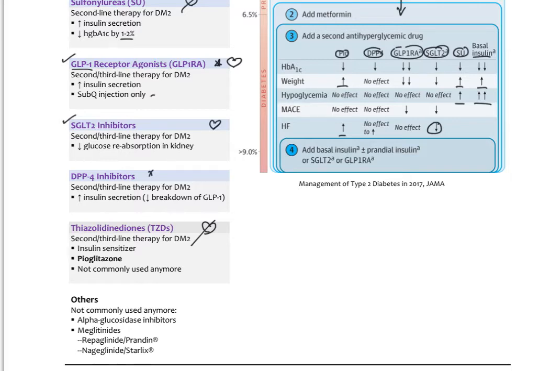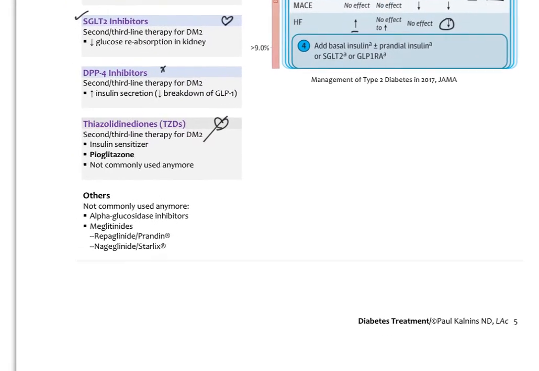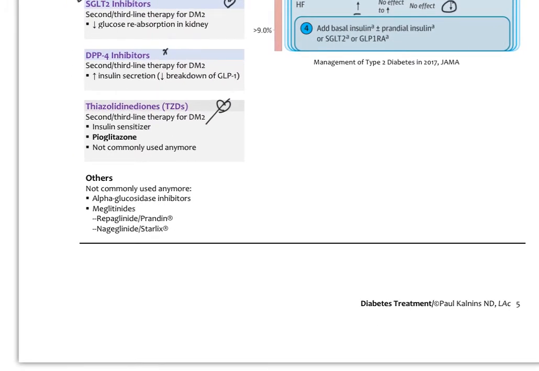There are others that I didn't include here because they're very uncommonly used now. That would be, for example, alpha-glucosidase inhibitors. These are taken with high carbohydrate meals to prevent absorption of carbohydrate. But you've got to take them with every meal, pain in the butt. And it turns out that just eating mushrooms, like maitake mushrooms, actually does exactly the same thing. So just do that in your diet, or just don't eat all that sugar.